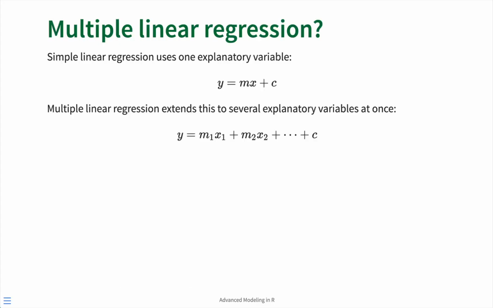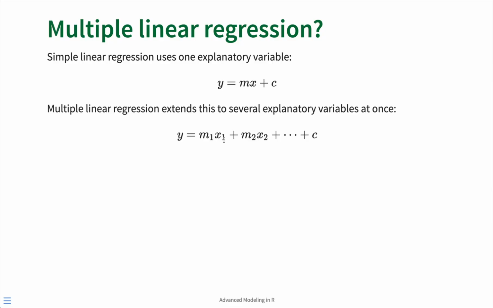Turns out the math behind this is not particularly tricky. In a single explanatory variable model, like we see in this top equation, we have one slope, which we've designated m here, corresponding to that explanatory variable x. If we wish to have multiple explanatory variables, then what we like to do is to indicate each one with a subscript.